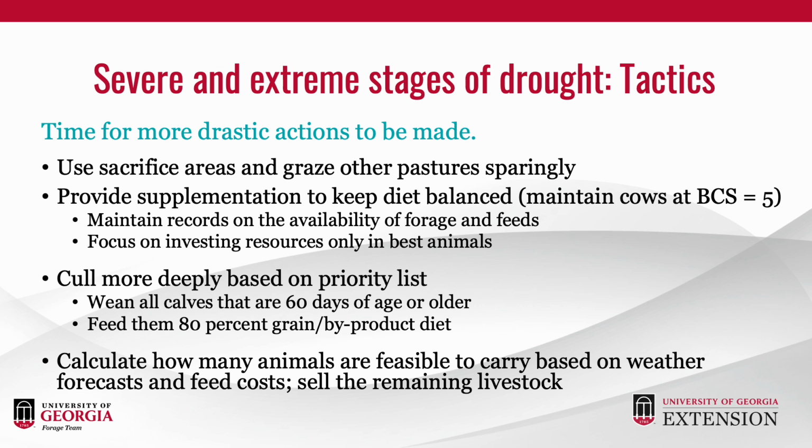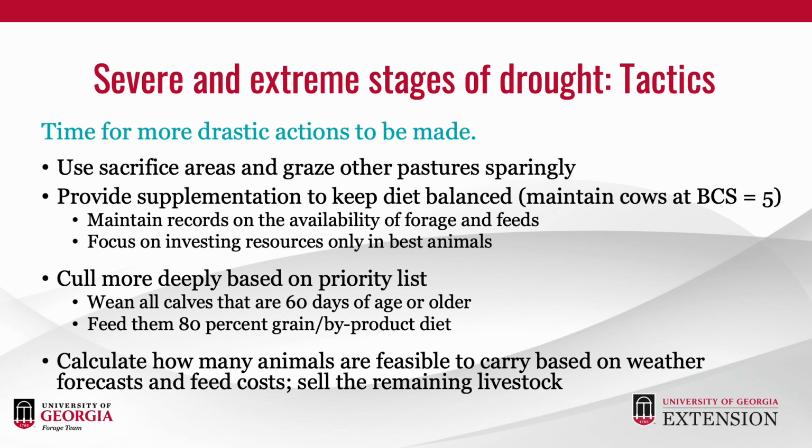We want to reference our feed records and the availability of the forage and the feeds. We need to use an up-to-date forage and feedstock inventory to calculate exactly how many animals, if any, the operation can feasibly carry through this level of drought.